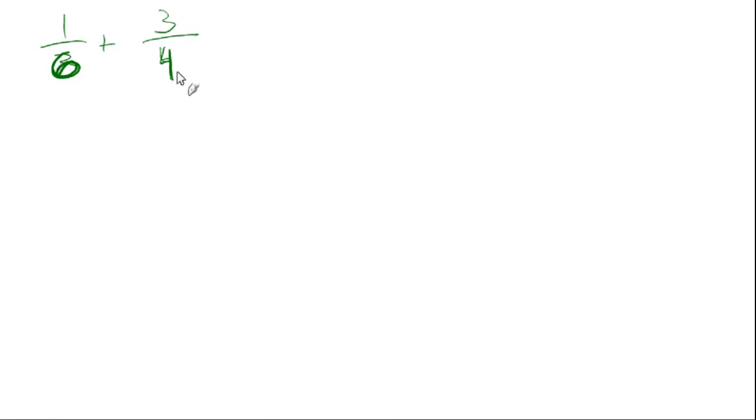So 1/6 plus 3/4, we want to find a common denominator, but we don't want to just do 6 times 4. That's just way too big. That's bigger than we need, because we recognize 6 could go into 12 and 4 could go into 12. So we could just multiply this by 2 over 2 and this by 3 over 3. And then we'll get 2 over 12 plus 9 over 12 for 11 over 12, right?